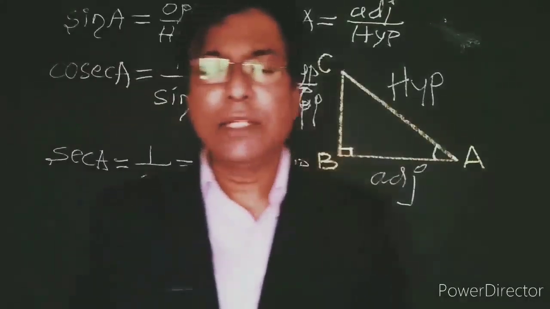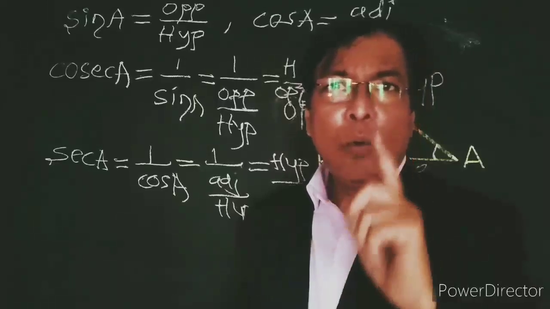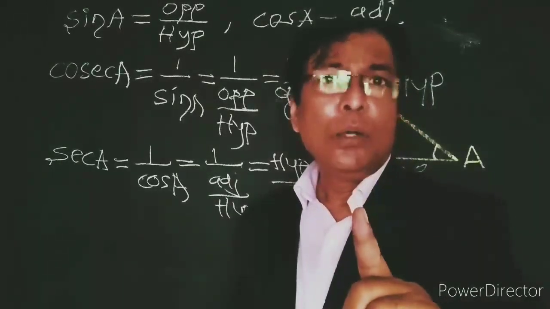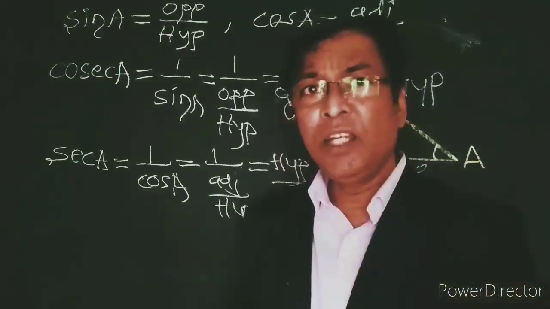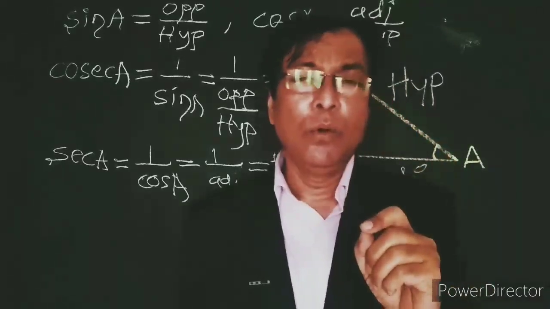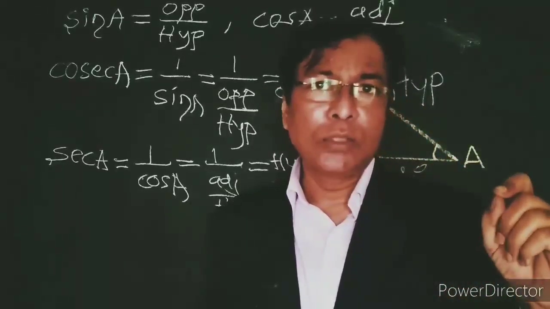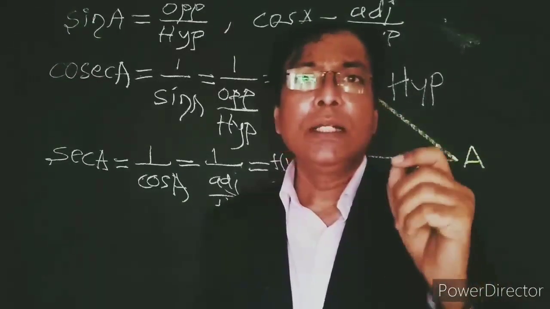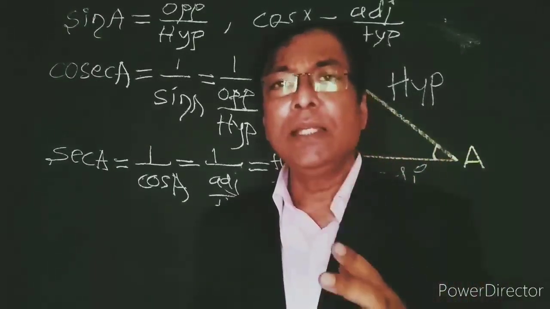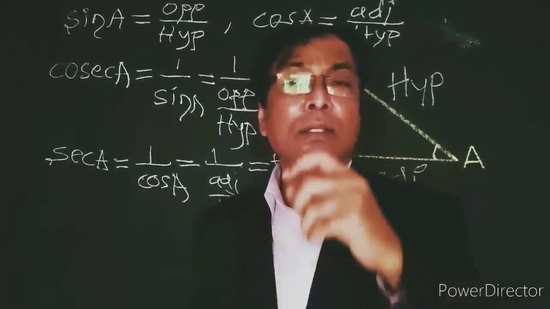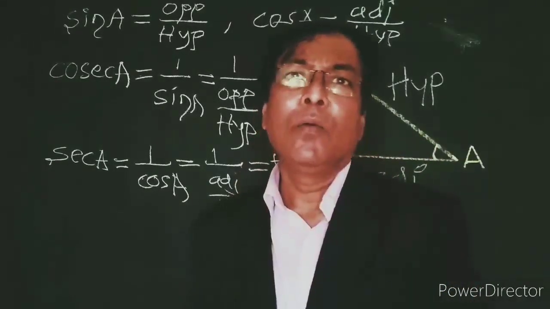This means that if we remember only two ratios, sine and cos, we can develop the remaining ratios very easily. I repeat, if we know sine A and cos A, we can write the ratio of tan A. How? Tan is nothing but sine upon cos. We can write the next ratio cot A. What is cot?